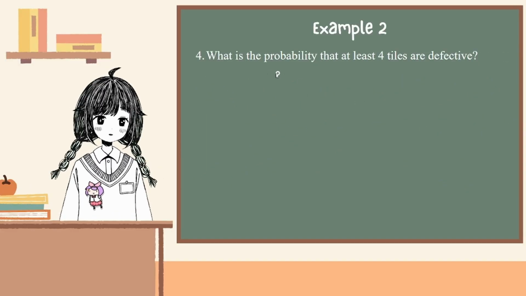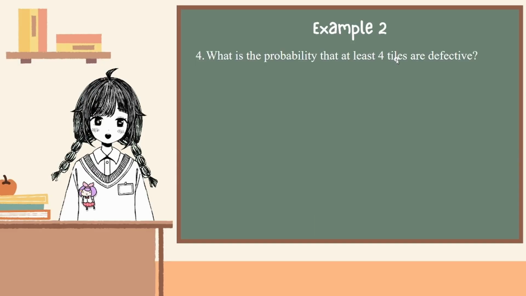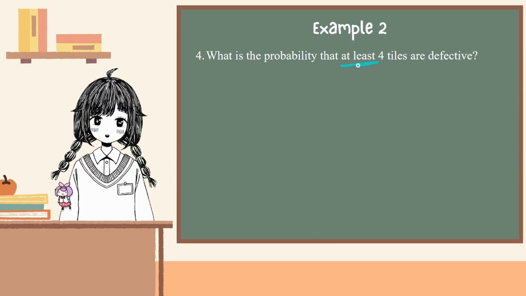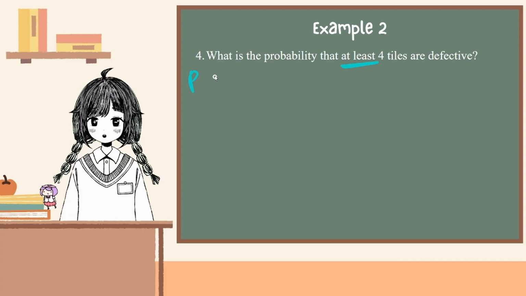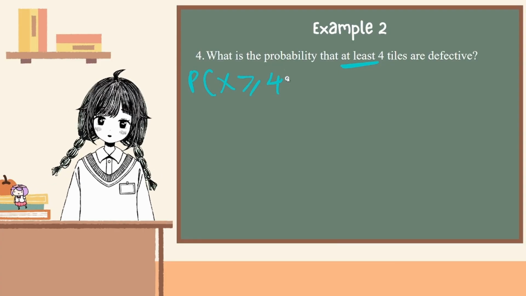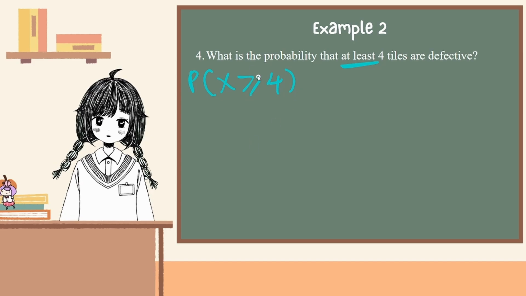Question 4. What is the probability that at least 4 tiles are defective? So at least here means P(X greater than or equal to 4). Since it is more than or equal to 4, it has to include the 4 as well.